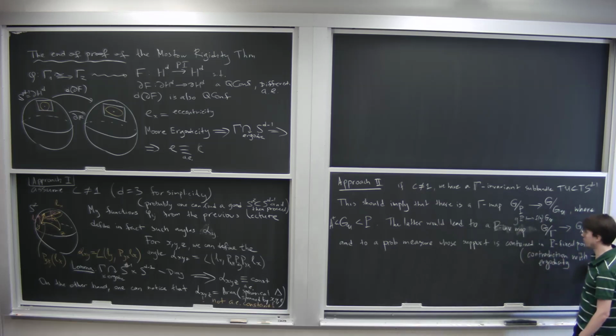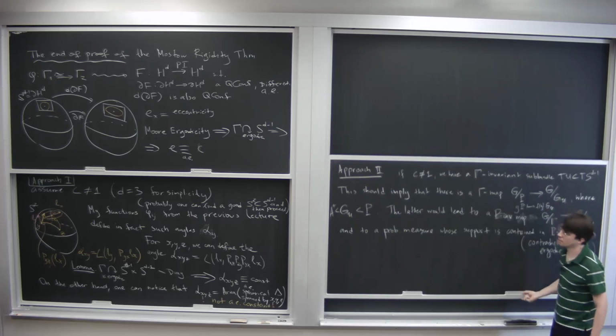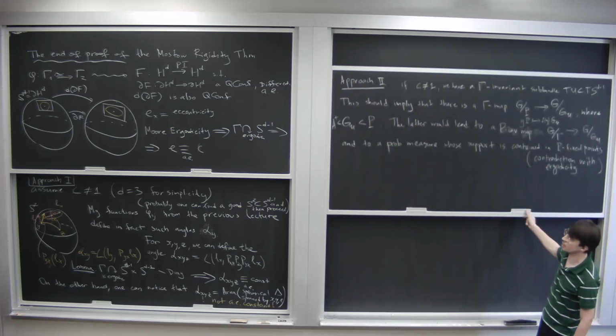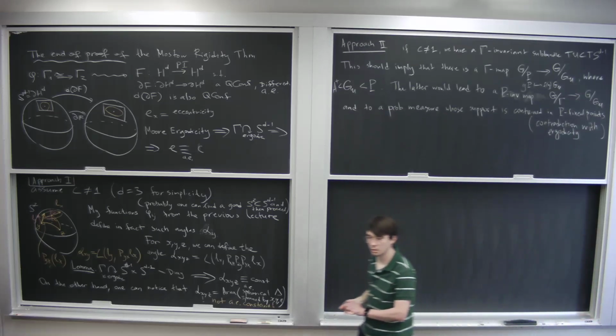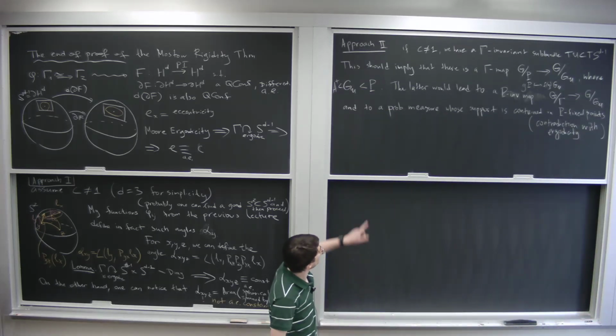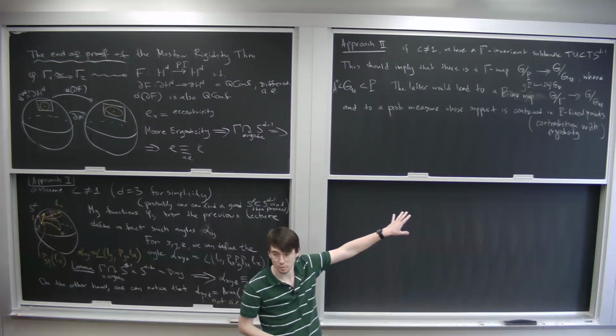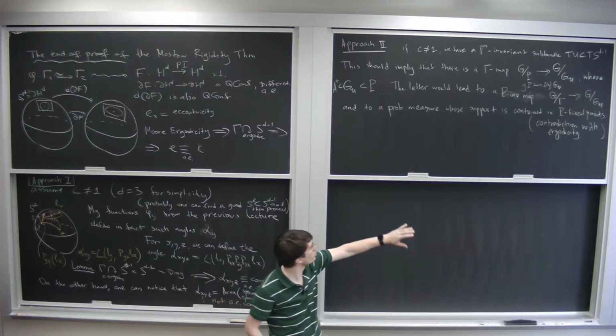So this is basically the way I tried to do it last time. It would come from G mod gamma, so it would live on G mod G, right?